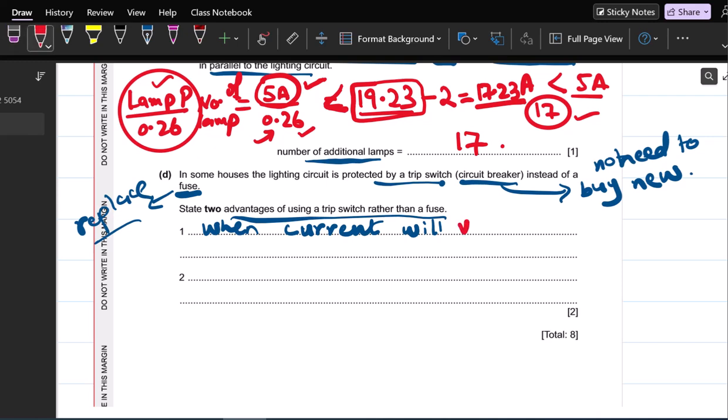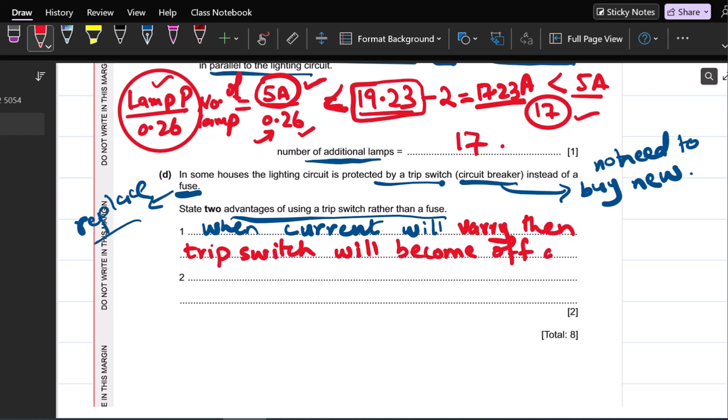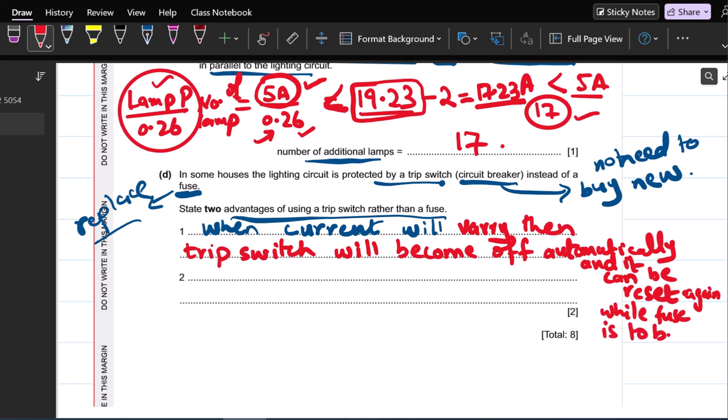When current will vary, then trip switch will become off automatically, and it can be reset again, while fuse is to be replaced.